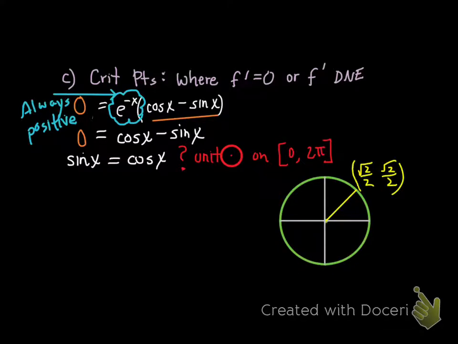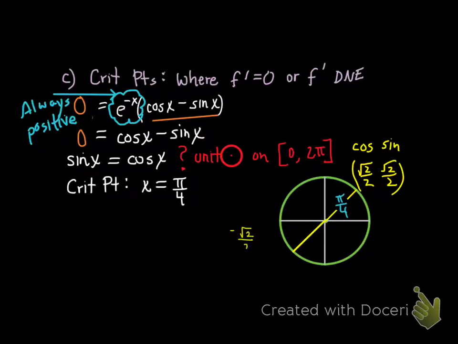Well, check it out. At that location, the ordered pair on the unit circle is root 2 over 2 comma root 2 over 2. Now remember, that's cosine and sine on the unit circle. That occurs at pi over 4. So I know at pi over 4, I have a critical point.